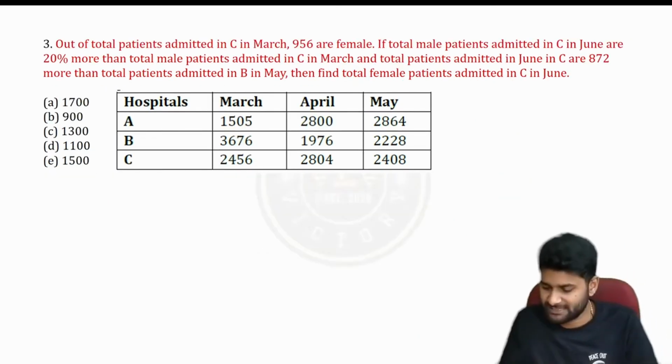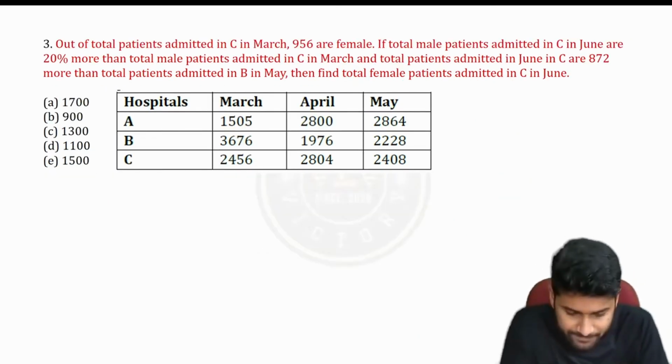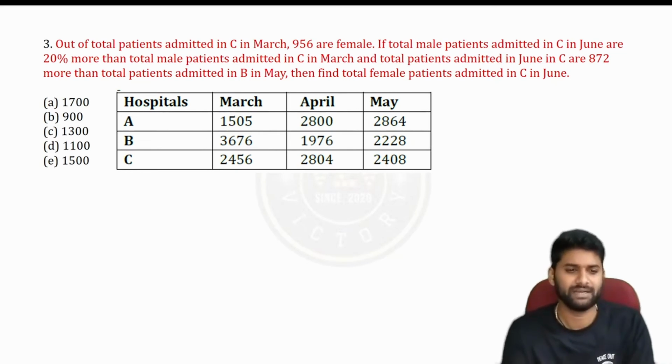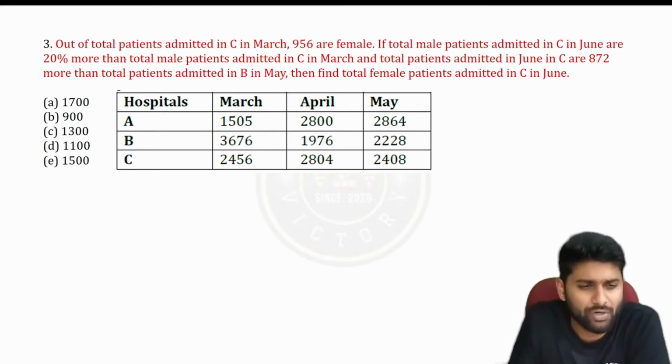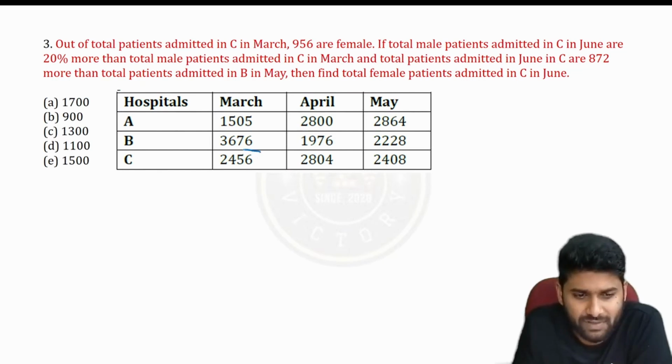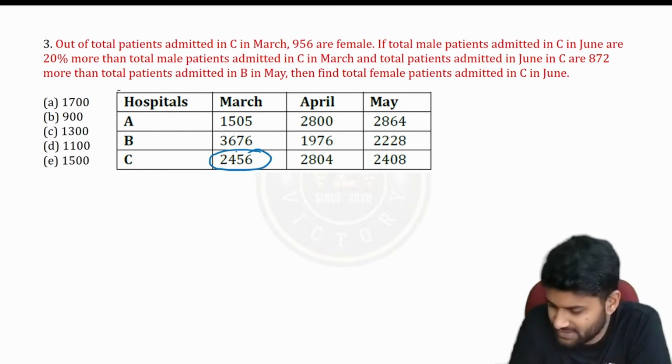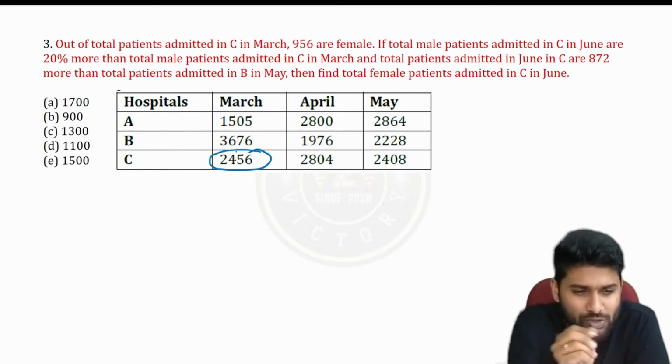Now we'll see question number 3. Understand the data, guys. Out of the total patients admitted in C in March, 2,456 patients were admitted to hospital C in March.